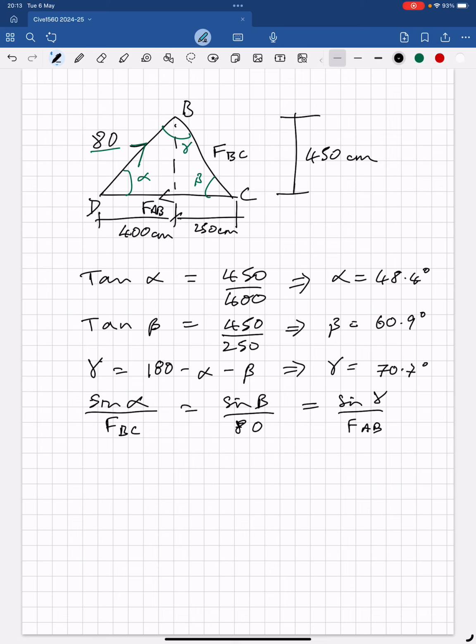And the unknowns we want to calculate here are these two forces. We've got the alpha, beta, gamma, and 80.